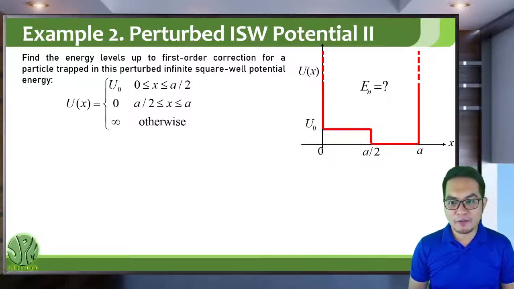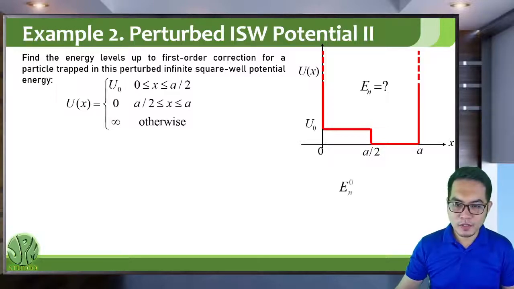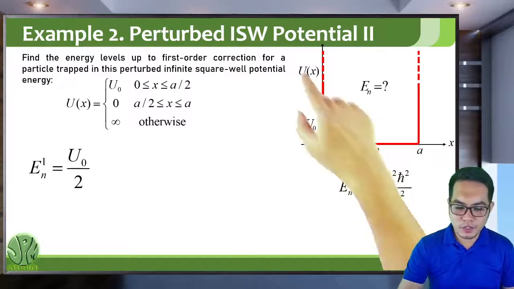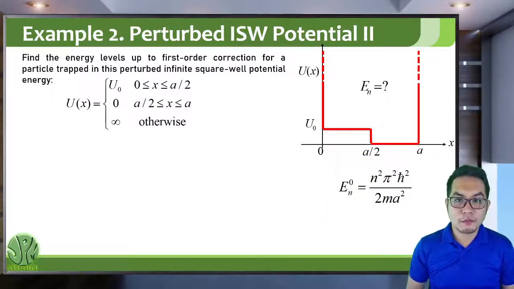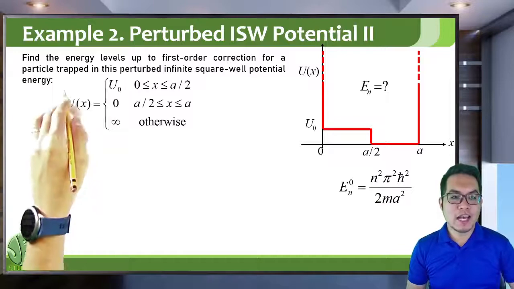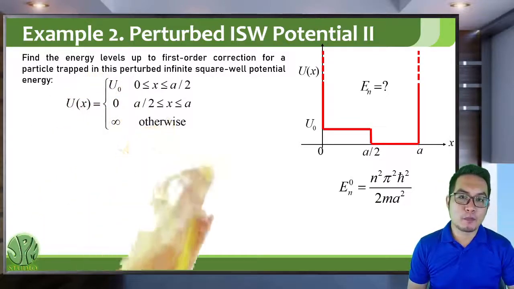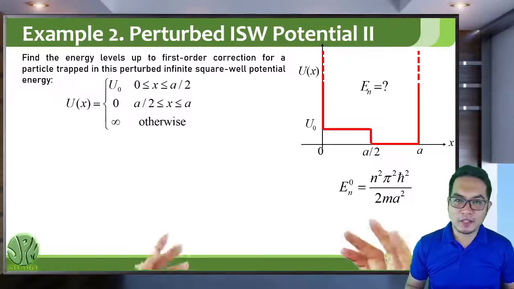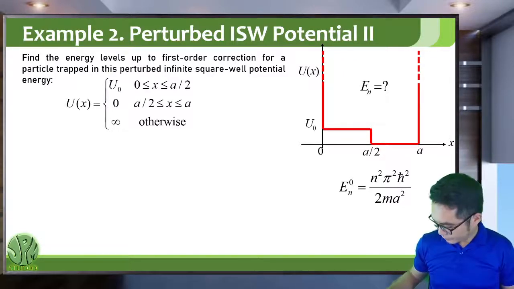So again, these are the original or unperturbed energy levels, n²π²ħ²/2ma². We are only asked to find the energy levels up to first order correction. We are not trying to find the wave function here, only the energy levels. So we only need the first order correction in energy in order to find the final energy level of the system.